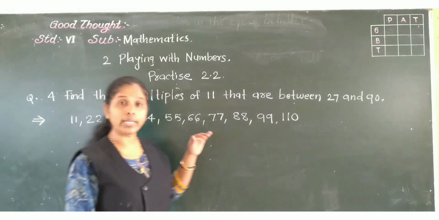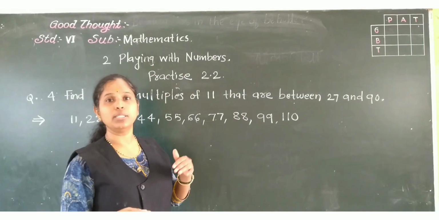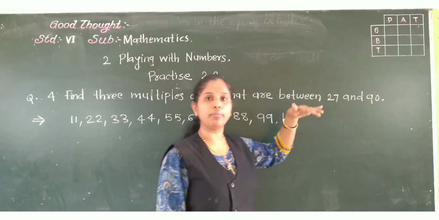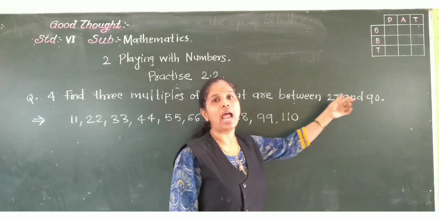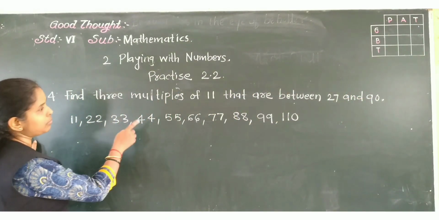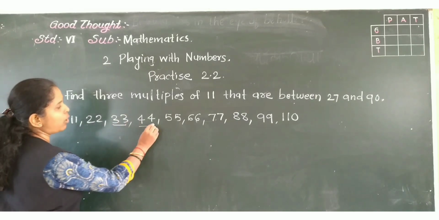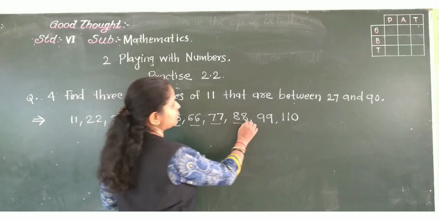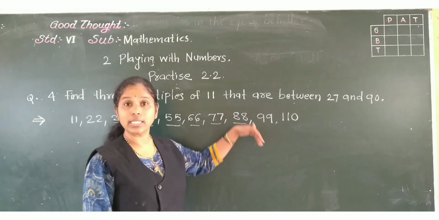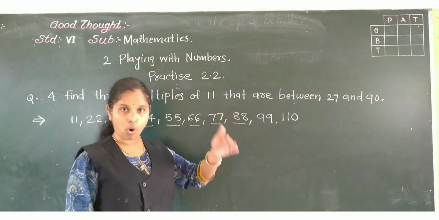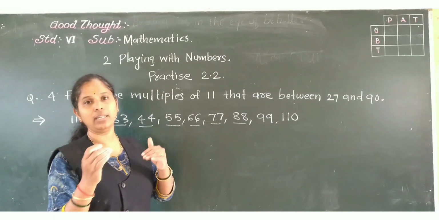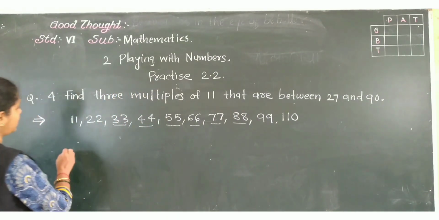And now see, what is the condition? That multiples must be between 27 and 90. Means that multiple should be greater than 27 and smaller than 90. Now greater than 27 means, see here, 33, 44, 55, 66. Correct? Up till here. Can we take 99? No. Because 99 is greater than 90. And we want the multiples which lie between 27 and 90. See here, these numbers.